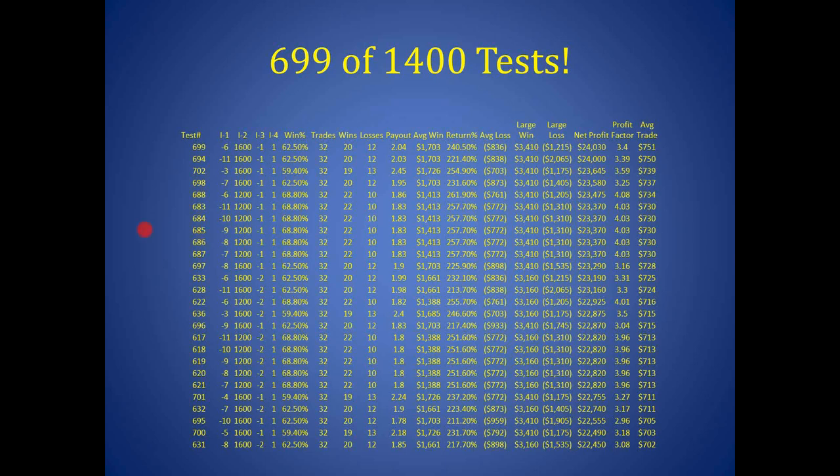Excuse me. And it gives some pretty interesting answers here. And what I've shown you just to fit it on the sheet is just a selection of trading results there. In fact, this run ran 699 times of 1,400 on this sheet, and I've just picked out a sample to show you.